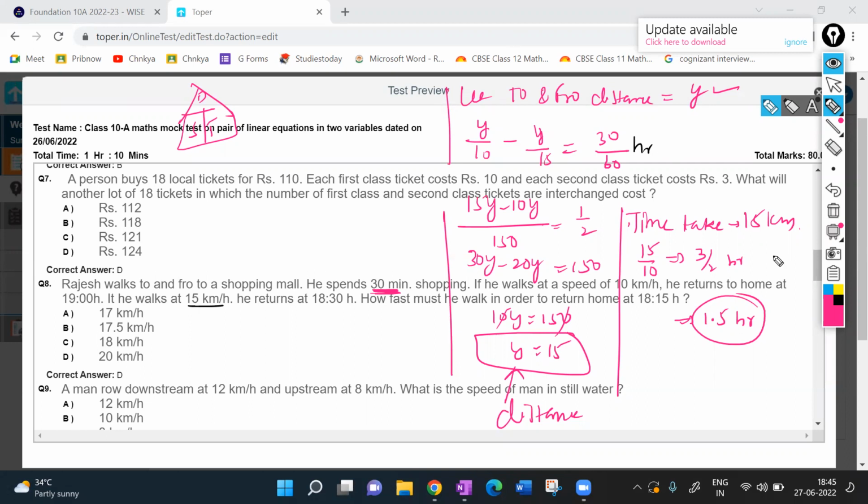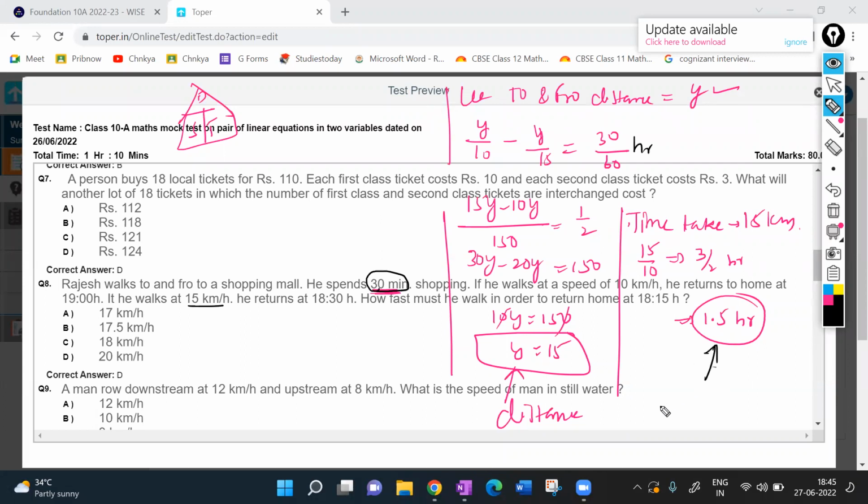So common sense here, very logical question. 30 minutes he has spent where? At the shopping mall. And the time taken to travel that 15 kilometers, how much? 1.5. Total time how much now? 2 hours. Correct?